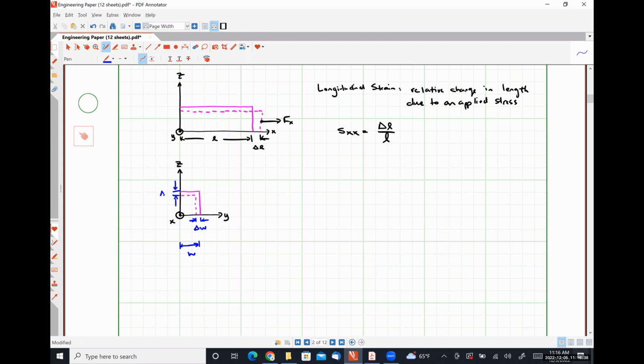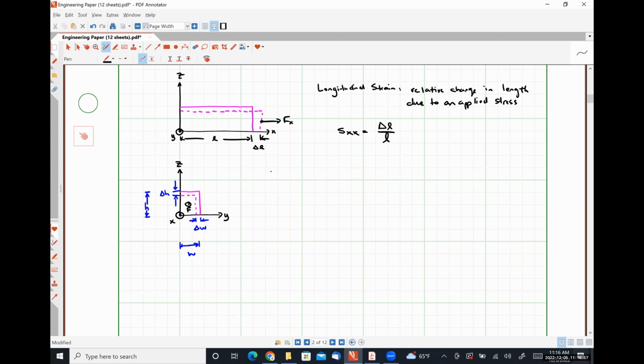This dimension is the change in height. This is our original height. Just for the sake of argument, our force is applied out of the plane.